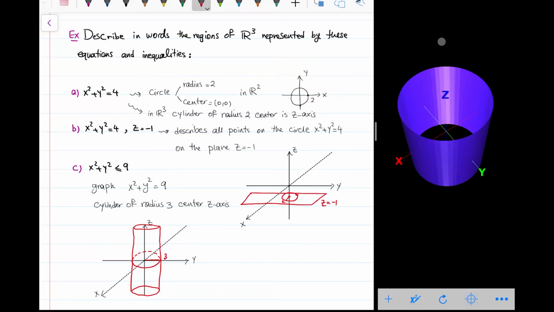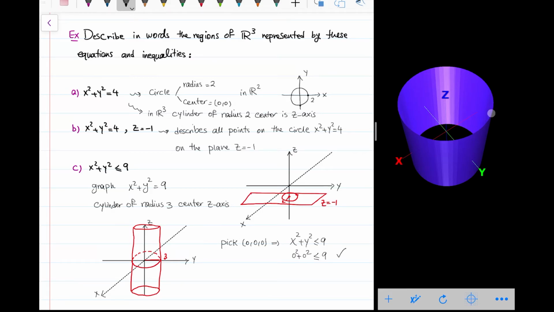So how can I choose? Basically, I'm just going to pick a point. I'm going to pick the origin, and if the origin satisfies this inequality, it means that the origin and all the points in this region, inside the cylinder, satisfy it. I'm going to pick the origin (0, 0, 0) and plug it into the inequality. 0 squared plus 0 squared is less than 9?